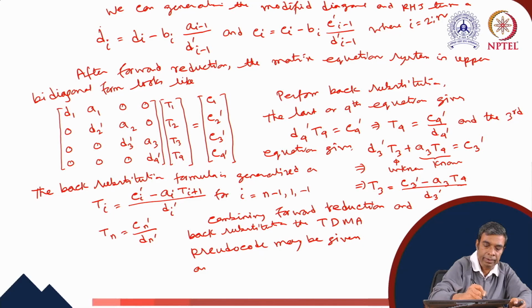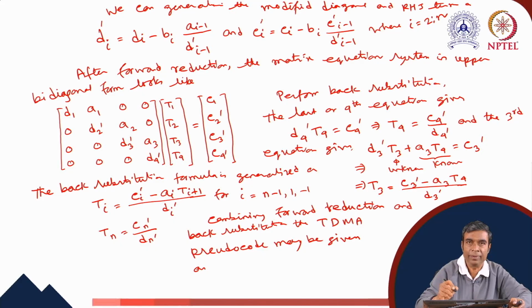This is di dash, which represents the updated value of di, and this left hand side portion is ci dash. So these two statements are equivalent to assignment statements. It means that the value of di is updated and then assigned to itself, and we get a new updated value.